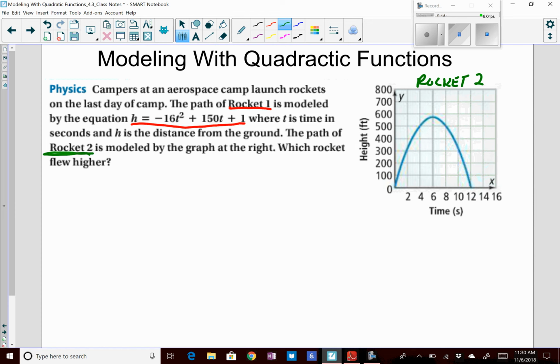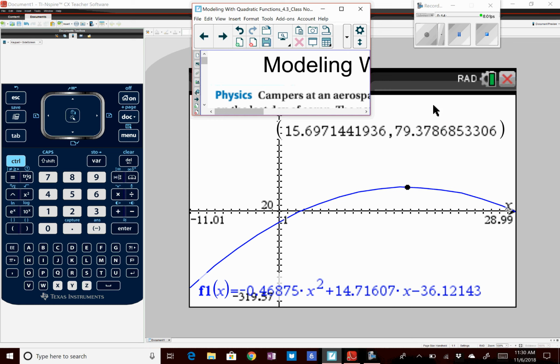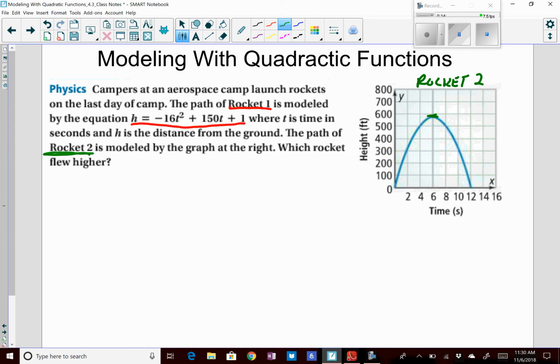Which rocket flew higher? All right, so we have the graph of rocket 2 here in front of us, and if we took a look at the vertex here, we could say that the highest point is at about 575.